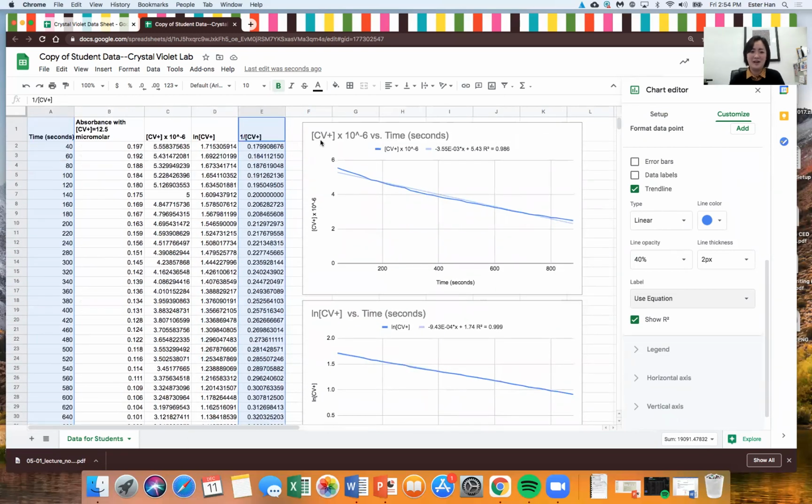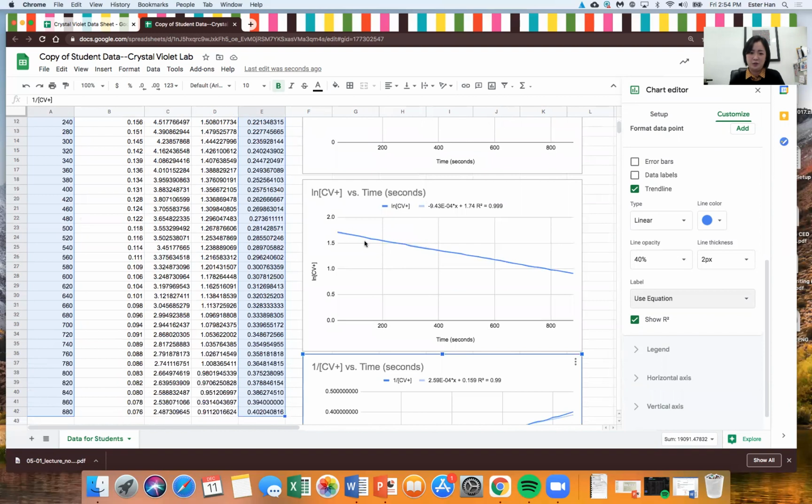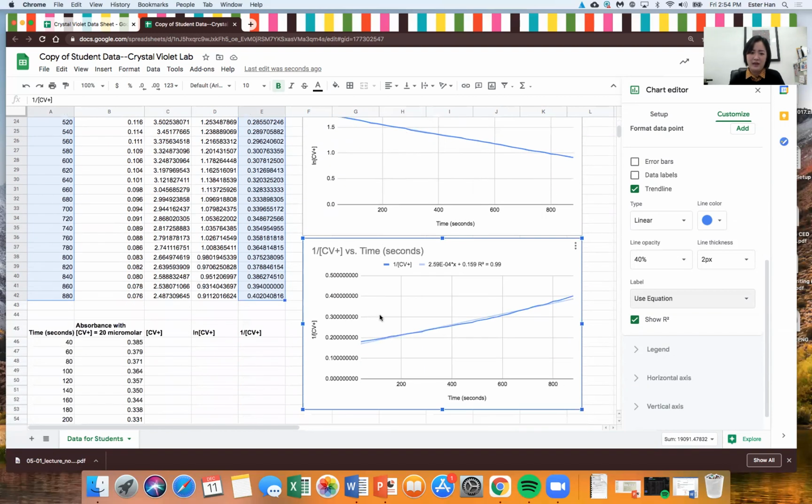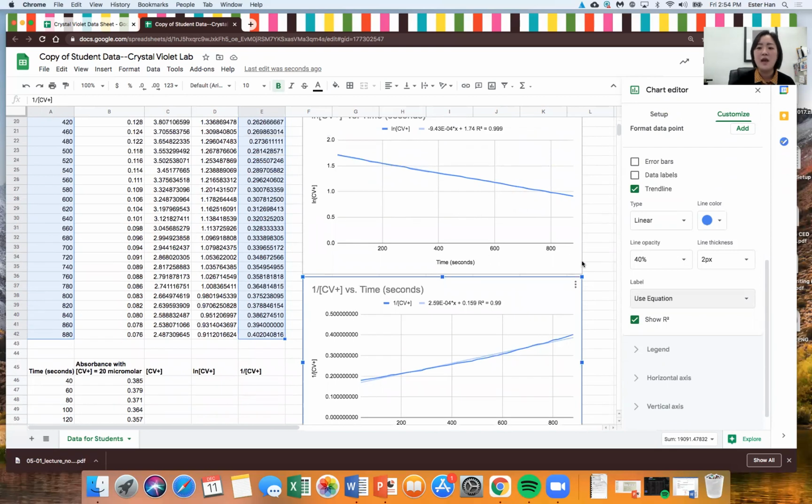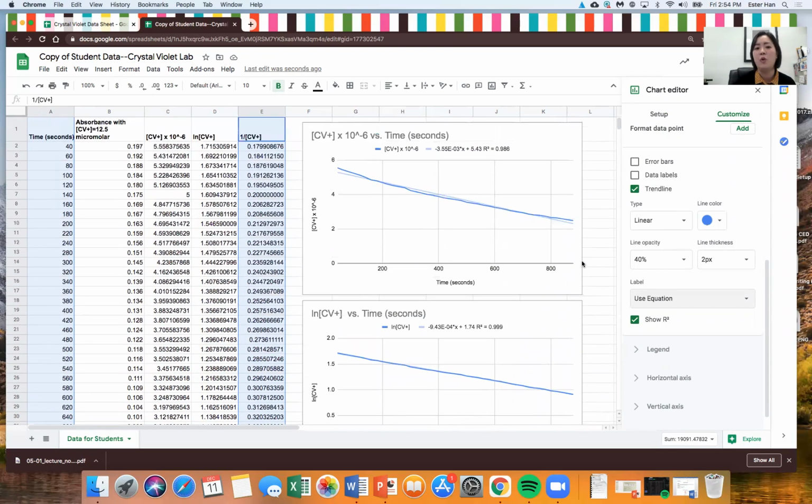But I can tell here that the concentration graph isn't that great. The natural log looks almost dead on, right? And for the inverse one, although the R-square value is quite high, you can see how the line and the data points don't completely overlap like what you saw over here. So it gives you an idea for what the order is going to be for this data that we just analyzed.